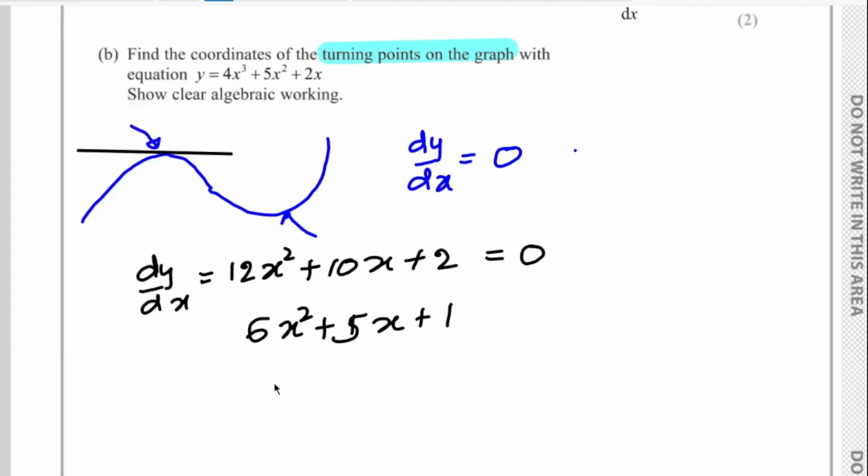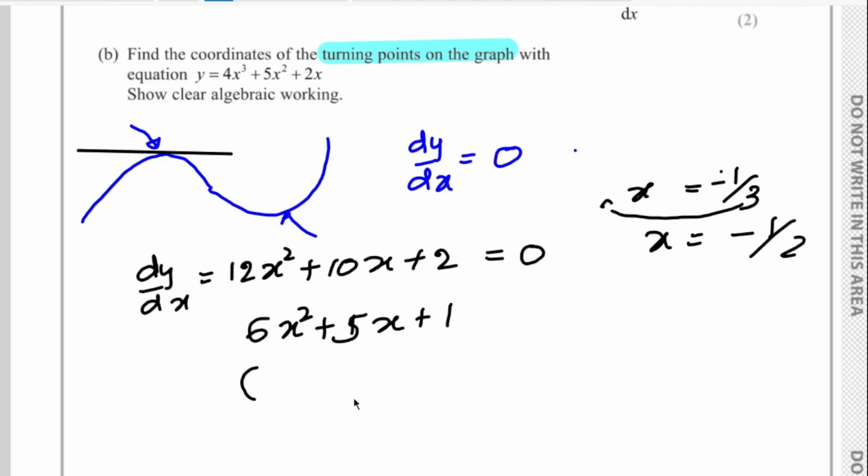Therefore, we are getting x equals minus 1 over 3 and x equals minus half. When converting them into factors, you bring this 3 in front of x, which becomes 3x, and reverse its sign, plus 1.